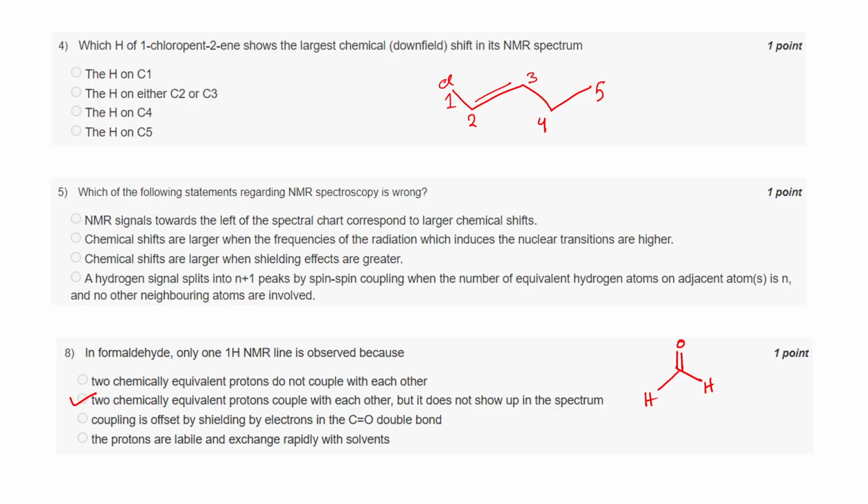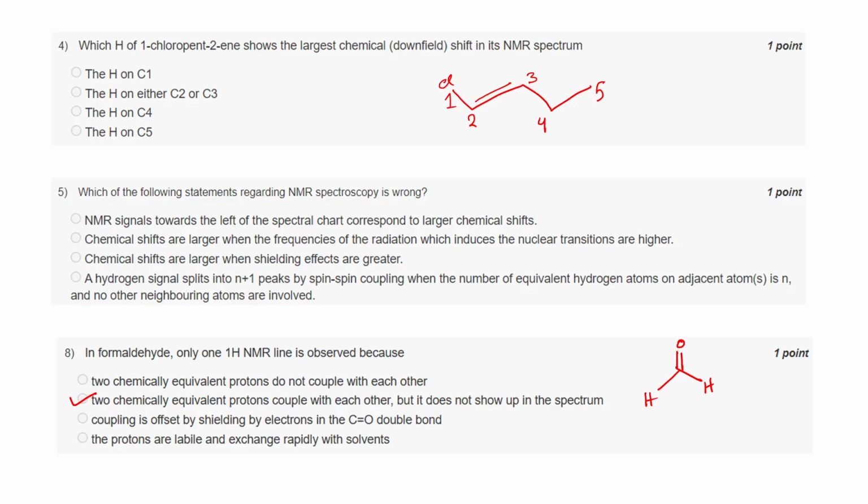Here I have a doubt. In the case of chlorine, it will attract the electrons. I actually chose option number one, but they provided option number two. Because you can see the double bond is there, and this double bond again causes a downfield shift.